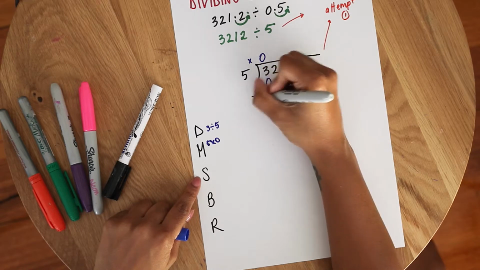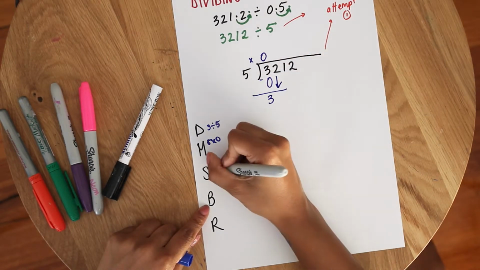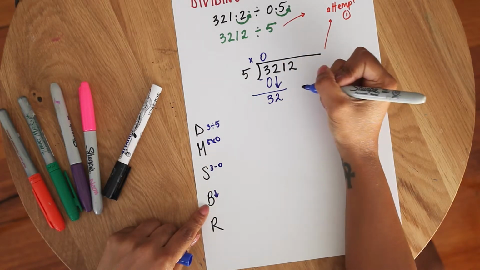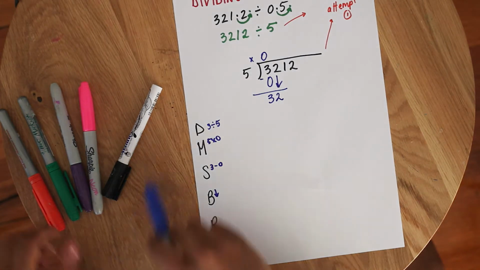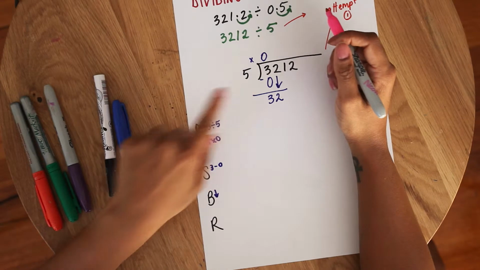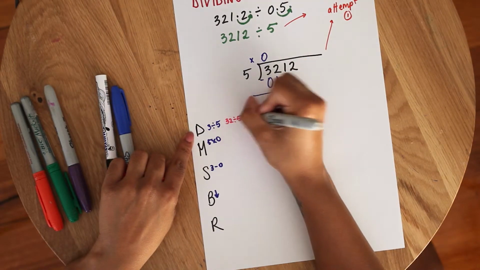We're then going to subtract 3 and bring down, which is a 2. Okay. Now we're going to do the same process again, but with the number 32. So now we're saying 32 divided by 5.